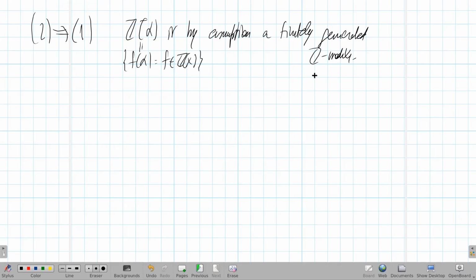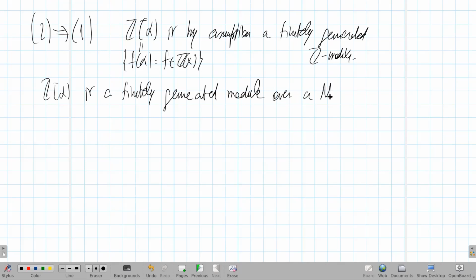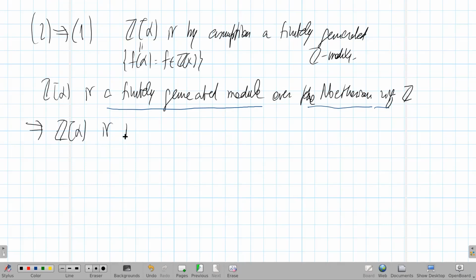It tells you that a finitely generated module over a Noetherian ring, the Noetherian ring Z, the result I'm going to quote is that if I have a finitely generated module over a Noetherian ring, it doesn't matter whether it's Z or something else, then it is a Noetherian module. So Z[alpha] is a Noetherian module.